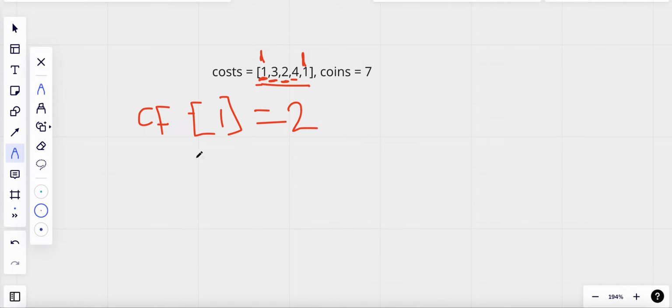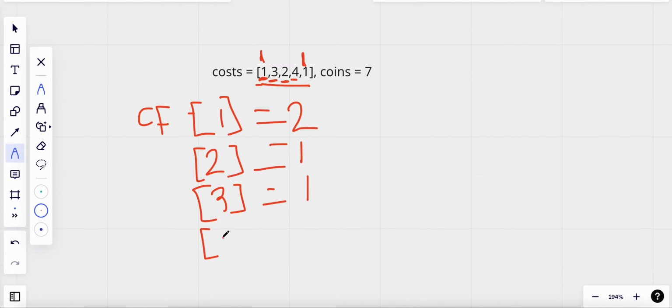So this will be a value 2, and index 2 would be equal to 1, index 3 would be equal to 1 again, and the highest value we have is index 4, which is again equal to 1. So this will be our array, but we know an array is always 0 indexed, right? So we will also have a 0 indexed frequency array, whose value will be equal to 0.